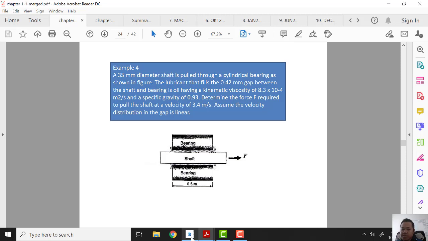The lubricant that fills the gap between the shaft and the bearing is 0.42 millimeter.